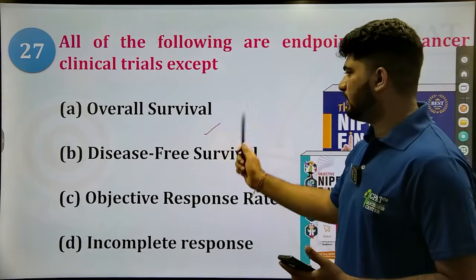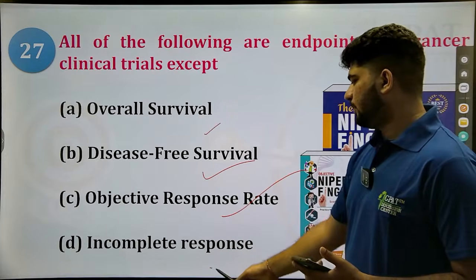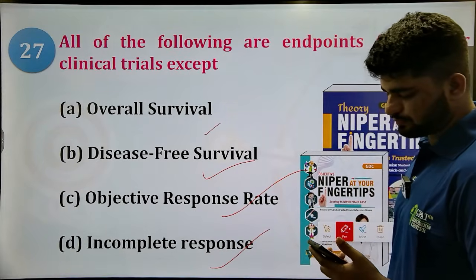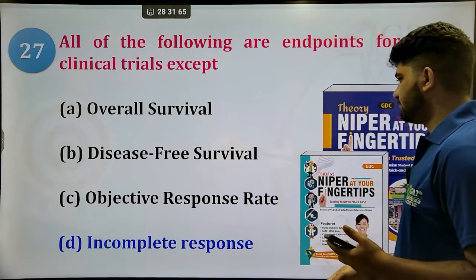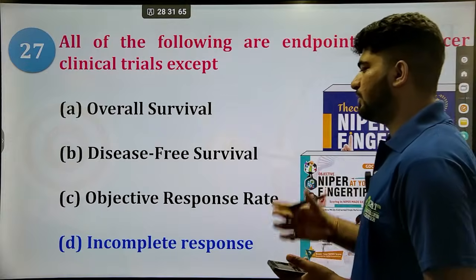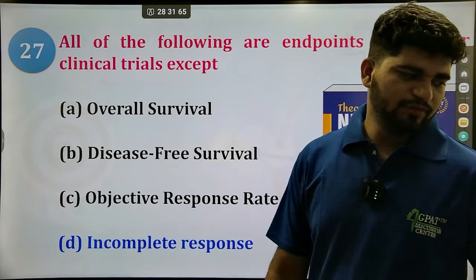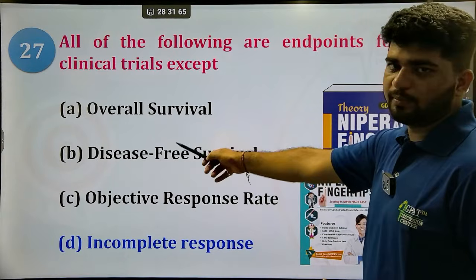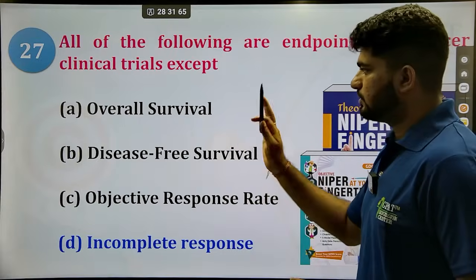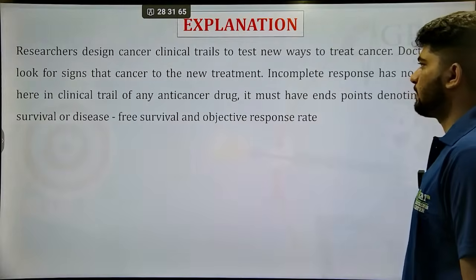Is it overall survival, disease-free survival, objective response rate, or incomplete response? That would be your incomplete response, because that is not a parameter you use to check when you're conducting a clinical trial of anti-cancer drugs. These three are the parameters, whether the patient survived or not, these things.